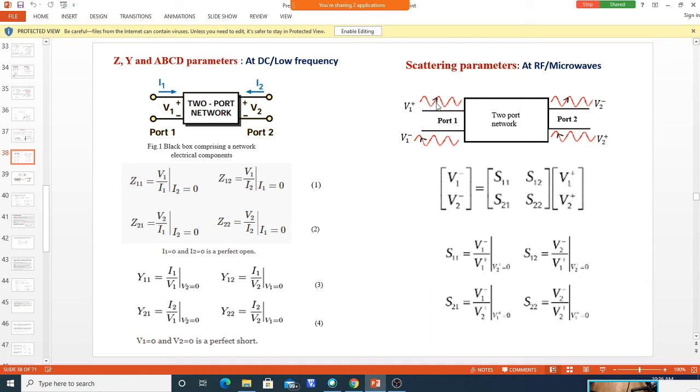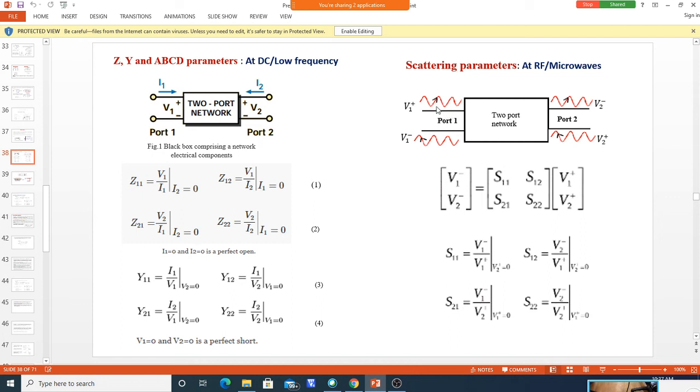The signal strength varies over the length of the conductor, because wavelength is very small at high frequency operation. If you go to 10 gigahertz, 50 gigahertz, 100 gigahertz, the wavelength is very small. Over a small length, physically it may be small, but electrically it is large.